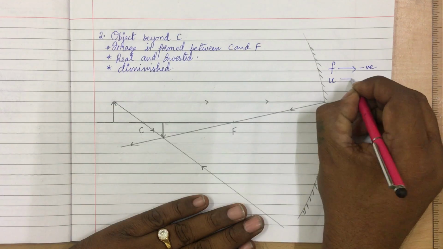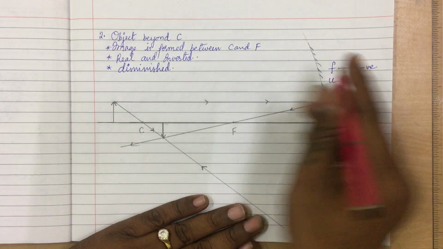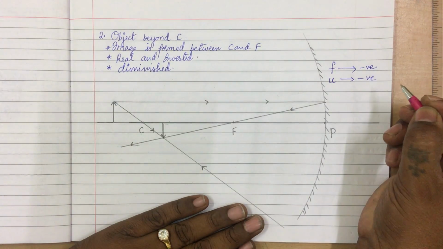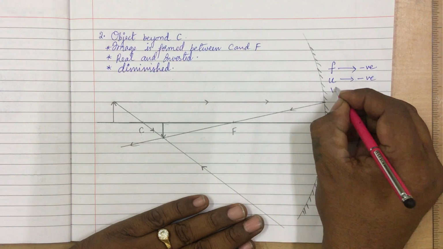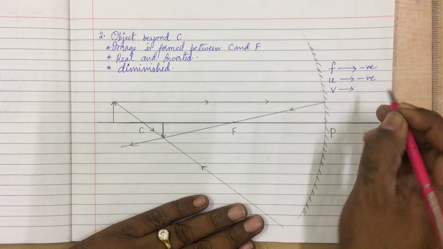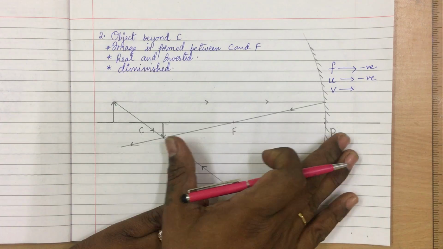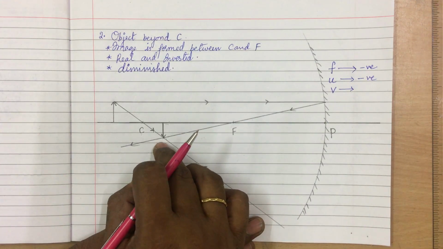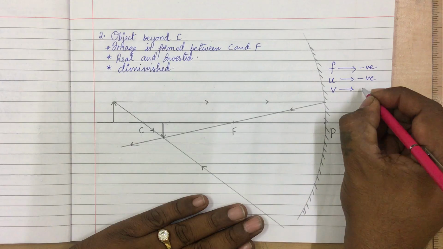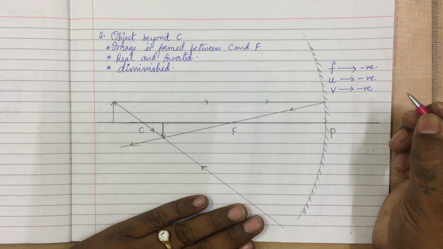Next, where is the object? Our object is on the left side, so its distance is considered negative. And the image is also formed on the left side of the mirror, so the image distance is also considered negative.